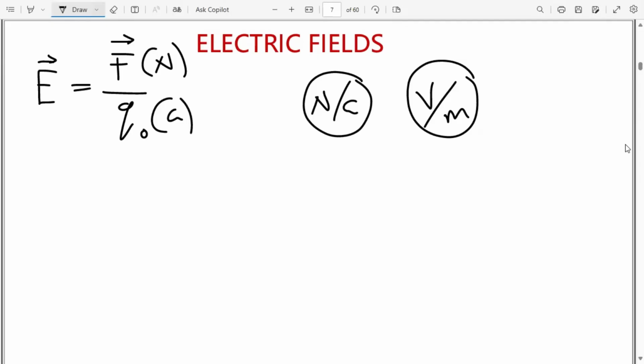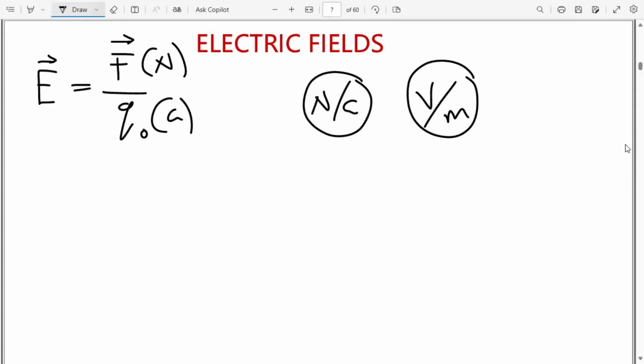Since the electrostatic force is in newtons, it's a vector. That means the electric field itself is supposed to have a direction. The electric field is a vector which has a direction.